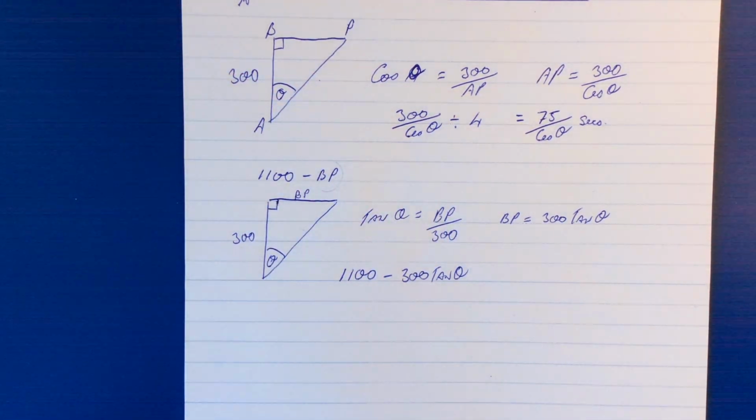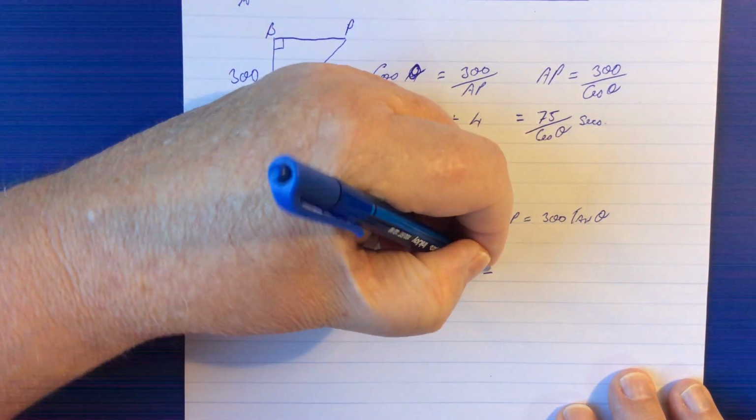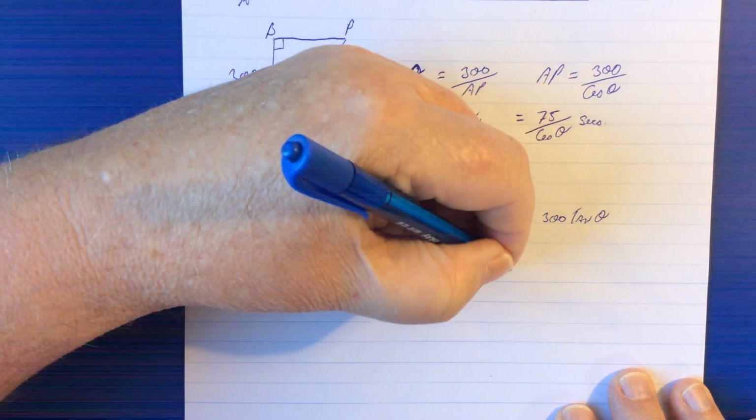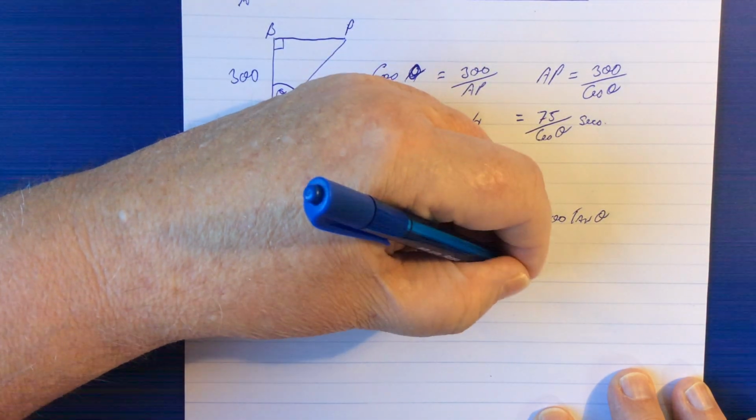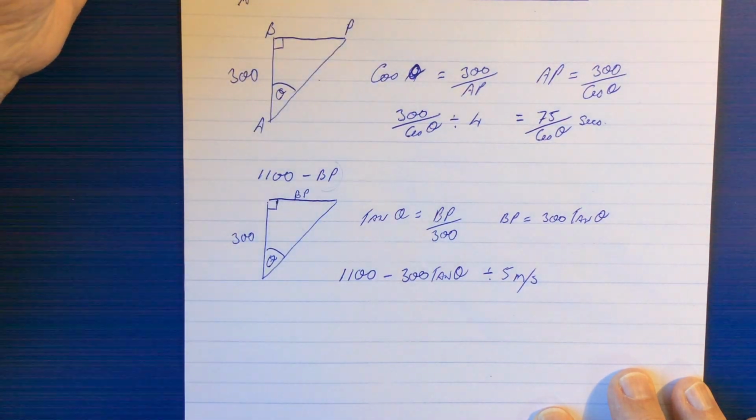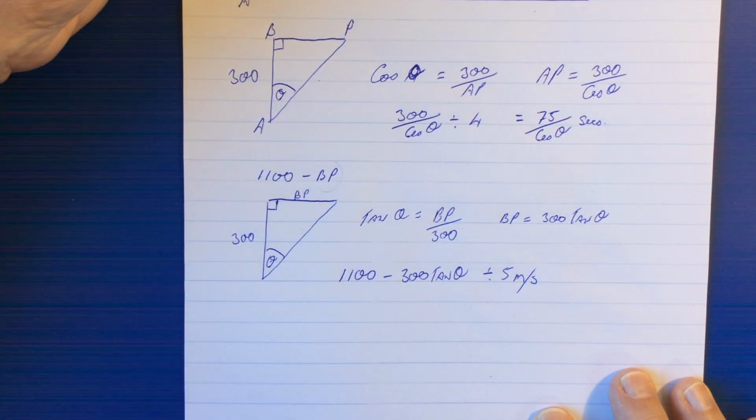And this is completed at 5 meters a second. Again, we have the relationship between distance, time, and speed, or velocity. And so velocity in this case is 5 meters a second. I'll put meters a second in here. I didn't in the previous example, but it is divided by 5 meters a second.